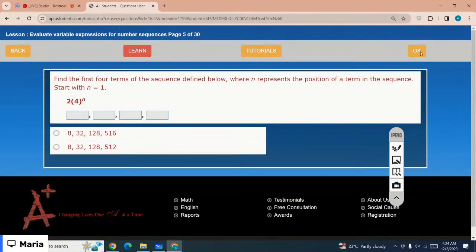Okay, find the first four terms of the sequence below where n represents the position of a term in the sequence. Start with n equals 1. So which is the correct option?